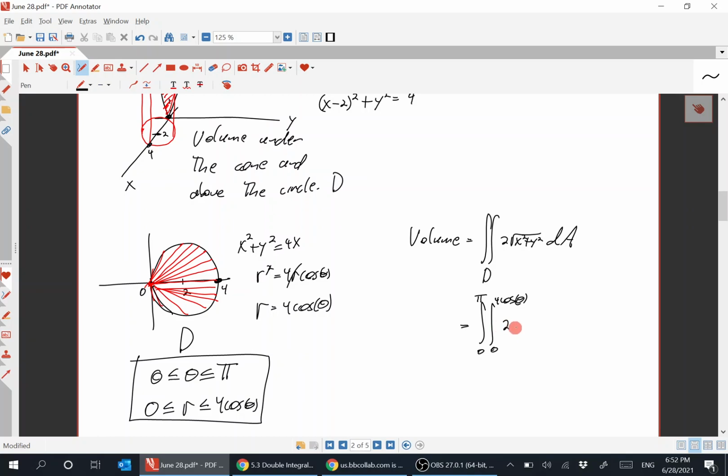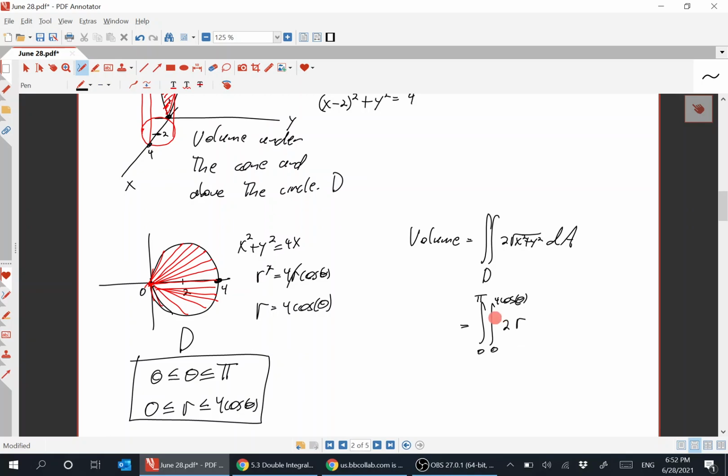So this is 2r, like that. Unfortunately, the r's are going to be negative as you go from 0 to pi.